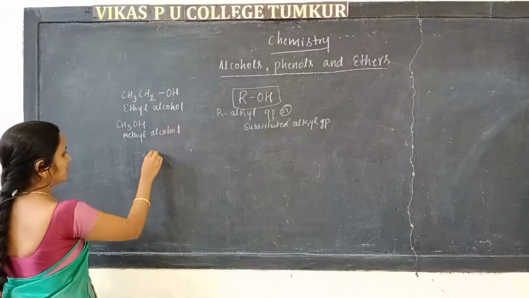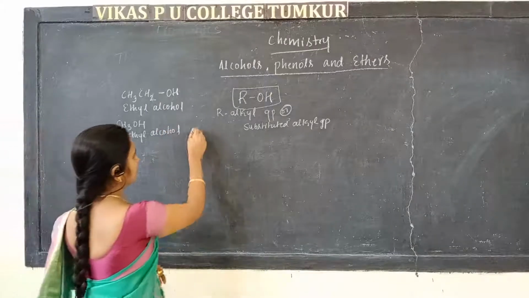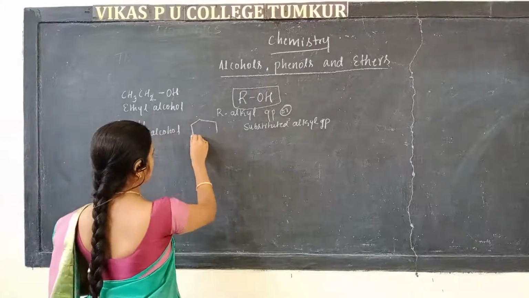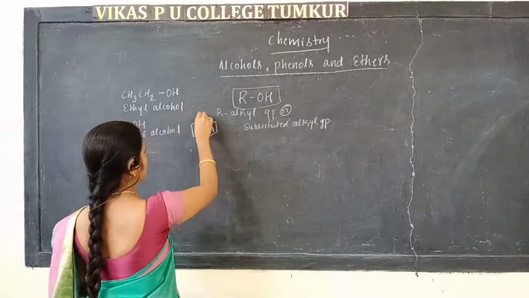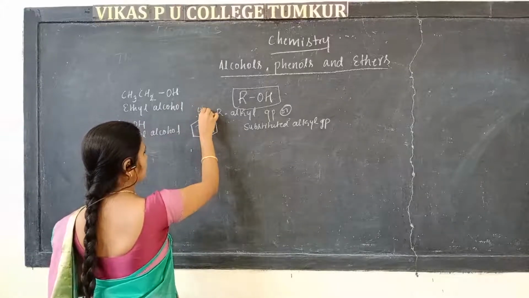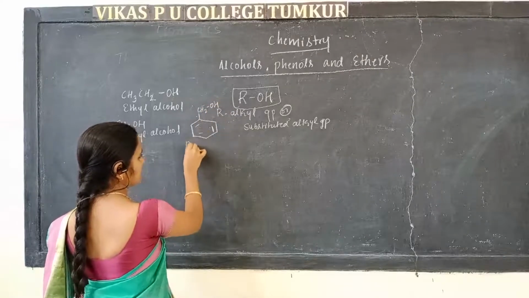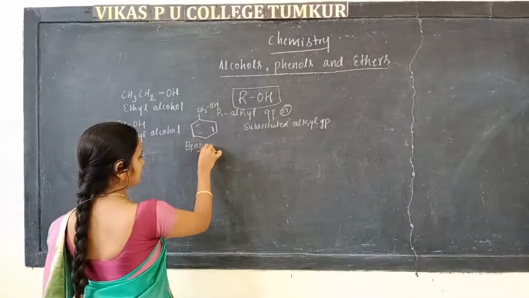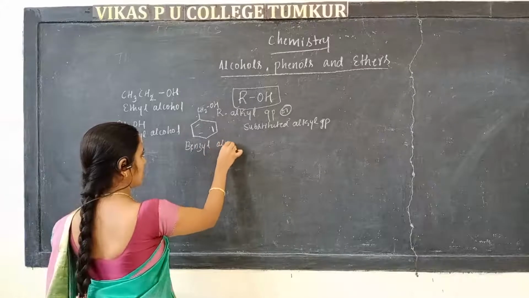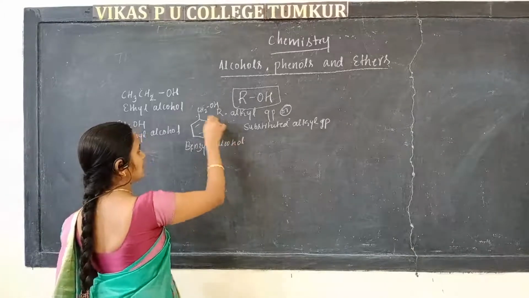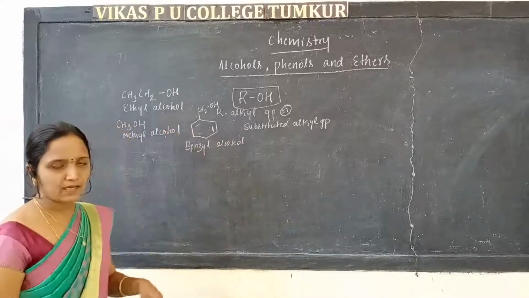Then if you take some other example, this we call a substituted alkyl group. The name of this is benzyl alcohol. These are the examples for alcohols.